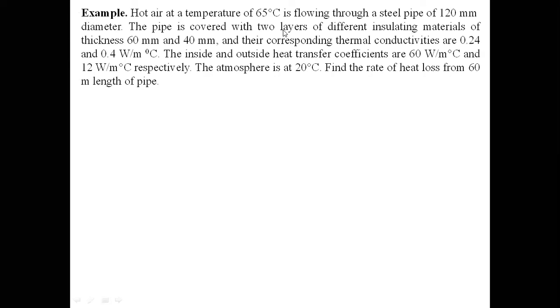So here you see this is a steel pipe with 120 millimeter diameter. Here the hot air will flow, at 65 degree temperature. The pipe is covered with two layers of different insulating material, thickness 60 and 40 millimeter.